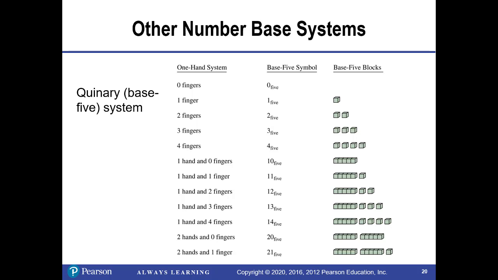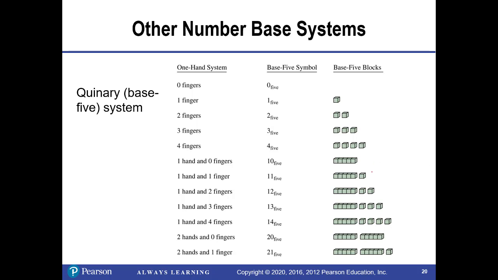Back in the late 60s and early 70s, other bases were widely taught in elementary school. It did not go well, primarily because most teachers weren't knowledgeable enough to teach it well. And at about the same time, in addition to base 10 blocks, blocks in other bases started to show up. When I taught math methods, I tried to find some of those other blocks, and I never could. So I don't think they're widely available anymore, but they still show up sometimes in textbooks like this one.